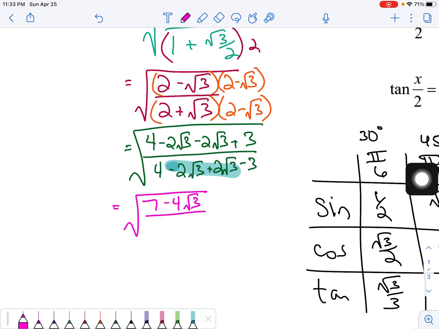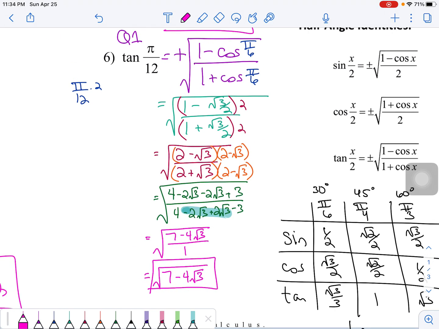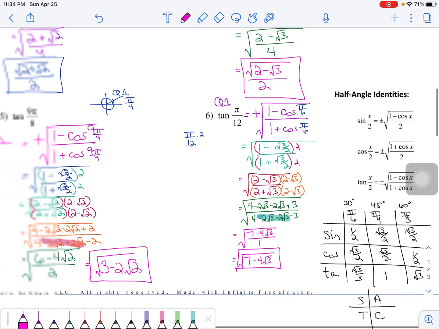Those terms combine. And then in the denominator, you have 4 minus 3, which is 1. Dividing by 1 does absolutely nothing, so I don't even need to write it. It's just the square root of the quantity 7 minus 4 root 3. And that is the exact value for the tangent of pi over 12.